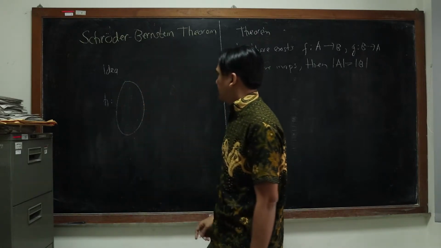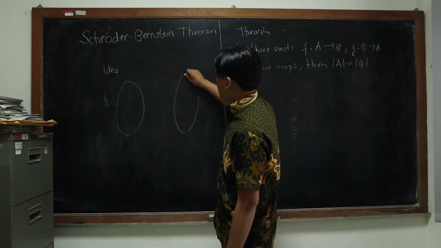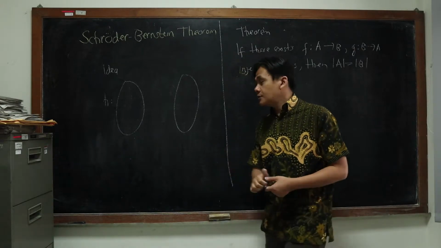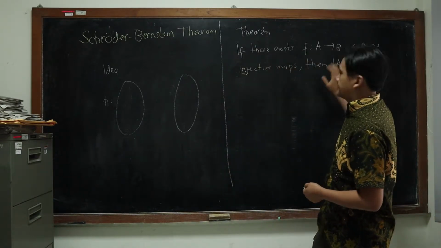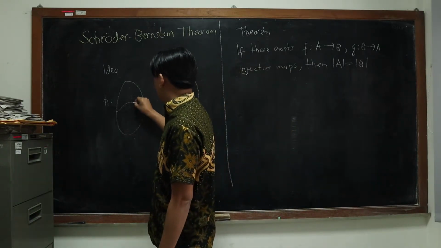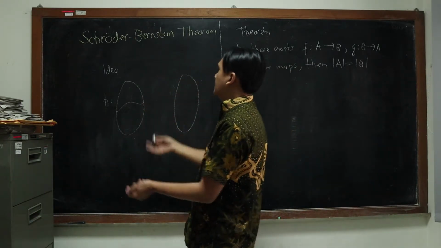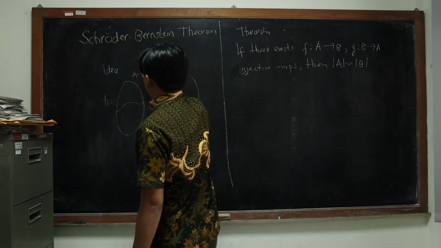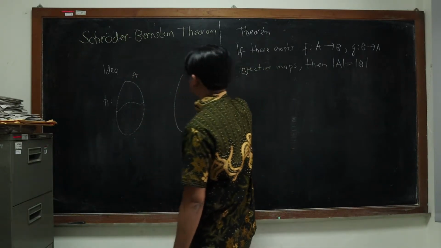Let's think about how to use the maps F and G. We do some wishful thinking. Let's suppose that we can split A into two sets.